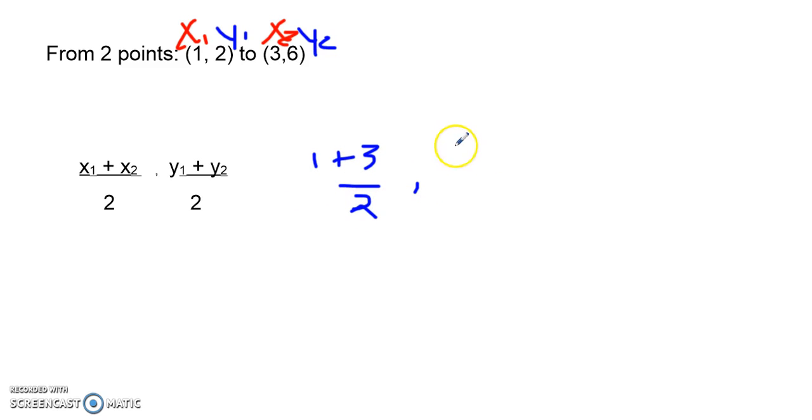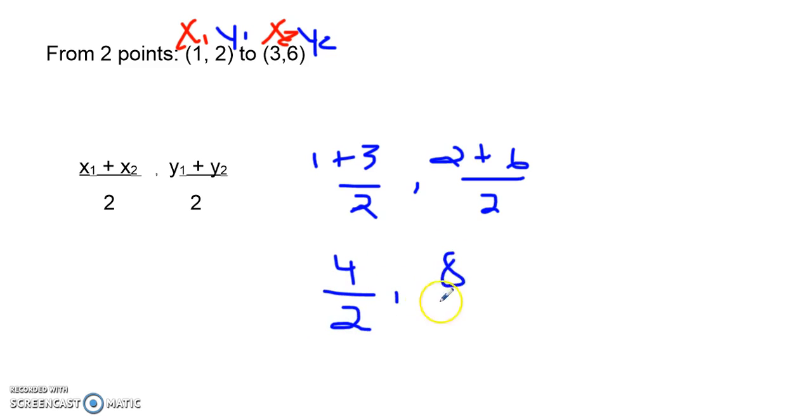And then we got 2 plus 6 over 2. So 4 over 2 and 8 over 2. So that's going to turn out to be 2, comma, 4. Right, so again, it's just filling the numbers into the equation and then add the top and then divide. Right, so this is first, this is second.